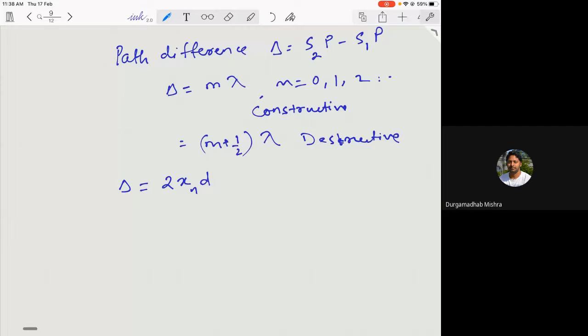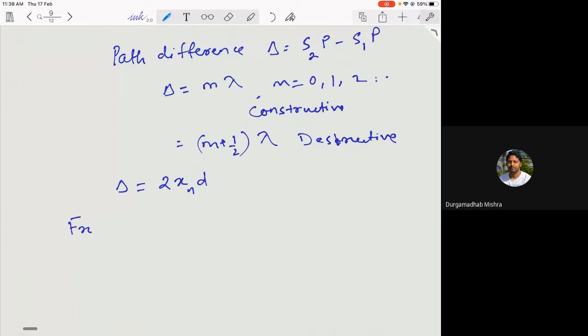What you can find is the fringe width, given by beta, which is nothing but the difference xn plus 1 minus xn, the positions of two bright fringes. Xn plus 1 is the (n plus 1)th bright fringe, and xn is the nth bright fringe.